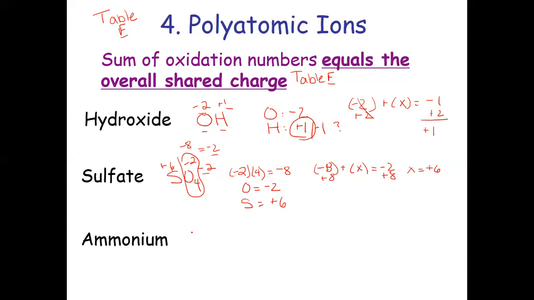Now our ammonium is going to be NH4 with an overall charge of positive. And so I look at my periodic table. Nitrogen has a lot of charges listed on the periodic table, and hydrogens can only be plus one or minus one. So in this case, I'm going to use the negative charge for nitrogen on the periodic table.